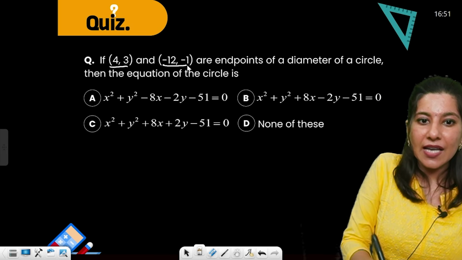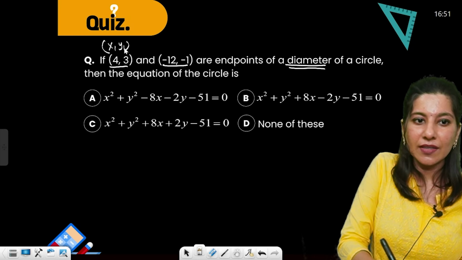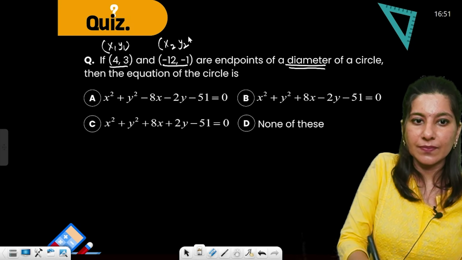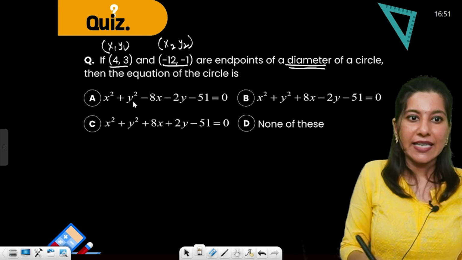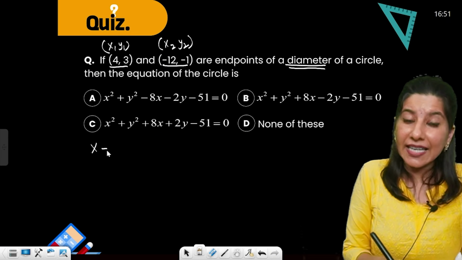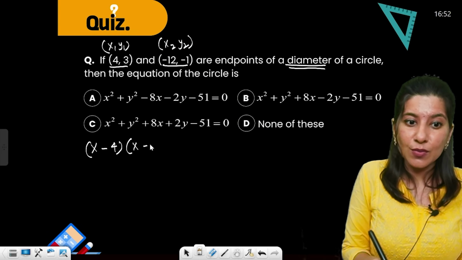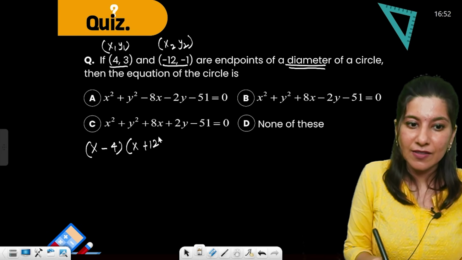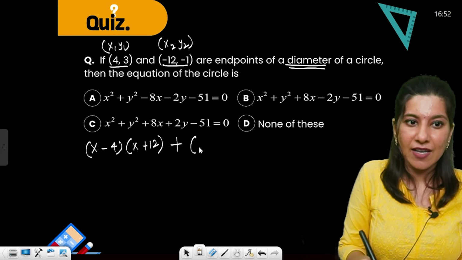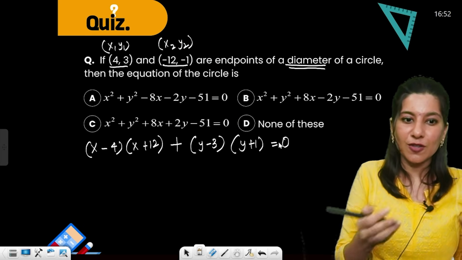These 2 points are endpoints of a diameter, right? So this is (x1, y1) and this is (x2, y2). Now, as per the formula, x minus x1, that is x minus 4, and x minus x2, so x minus minus 12, so x plus 12, plus (y minus 3)(y plus 1) equals 0. This is your equation.